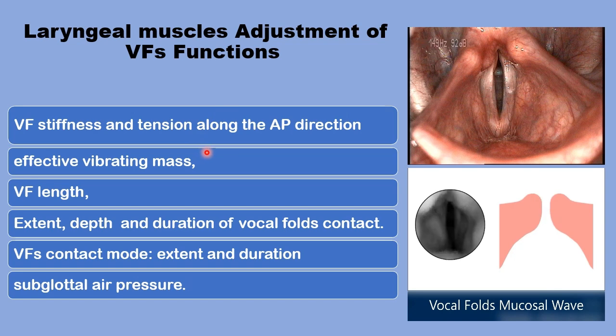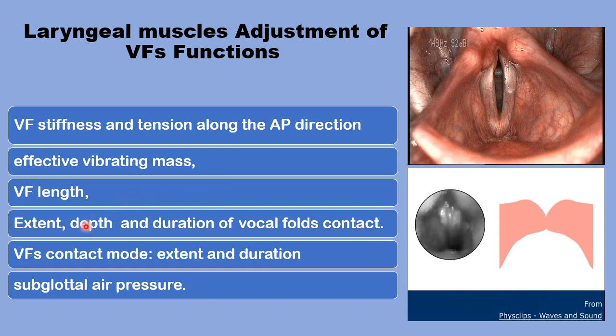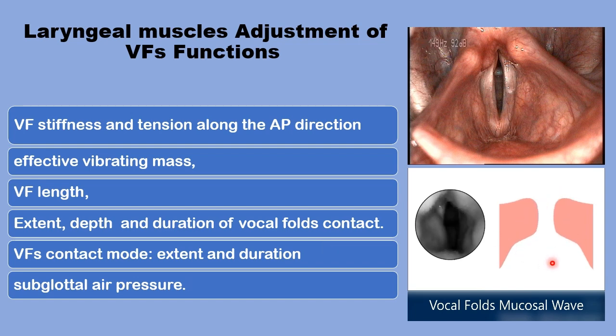Changes in the vibrating mass of the vocal fold, the part of the vocal fold that vibrates during the oscillation, can be changed by changing the vocal fold length, the depth of the vibrating ends of the vocal fold, the glottal channel geometry. So vocal fold length is important, the extent and the depth, and also the duration of the vocal fold contact is important, and also factors like the subglottal pressure would also influence the fundamental frequency.